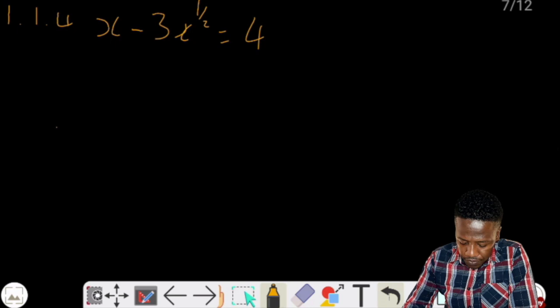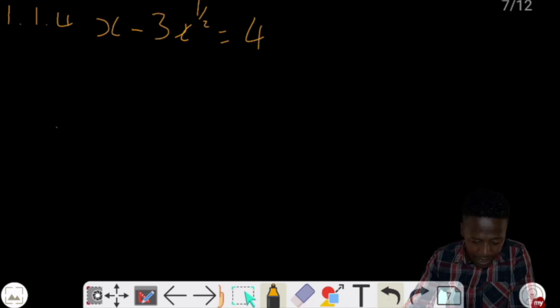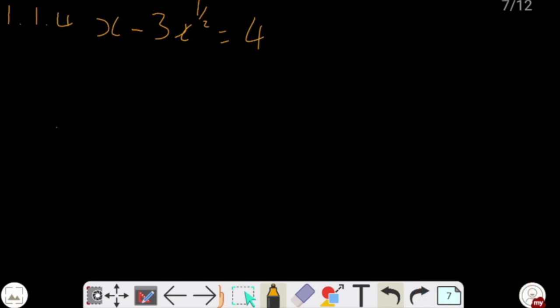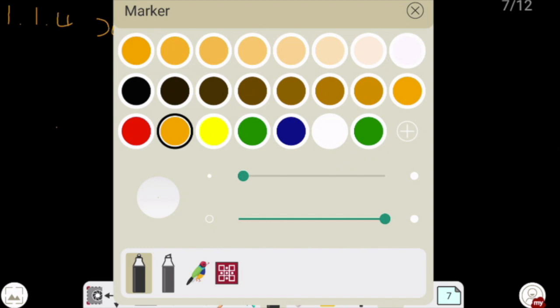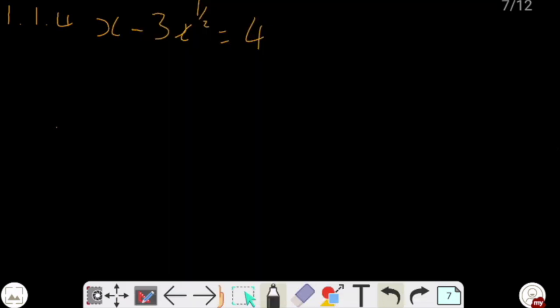Now you can get this into a standard quadratic form, but then you are dealing with x to the power of a half, right?